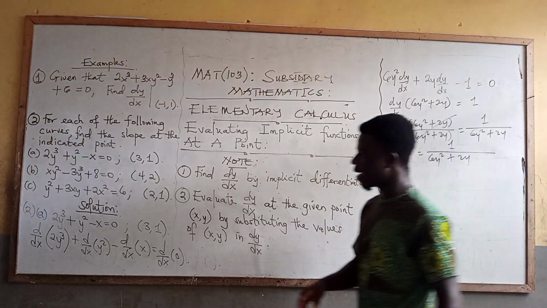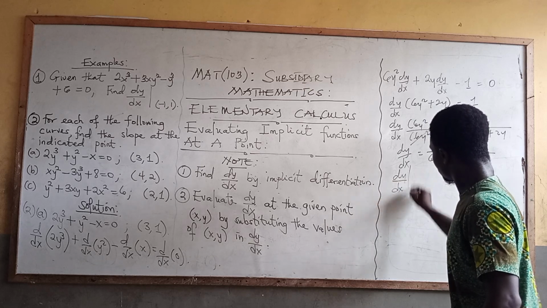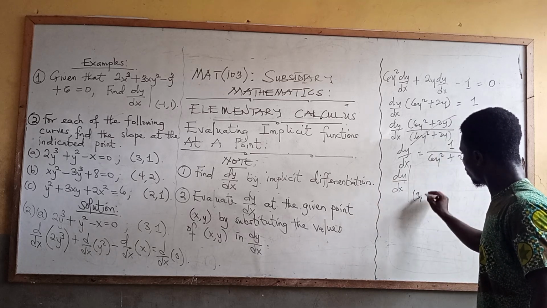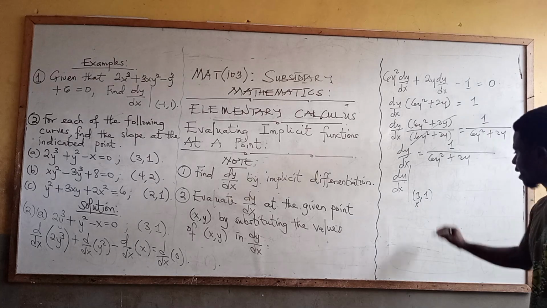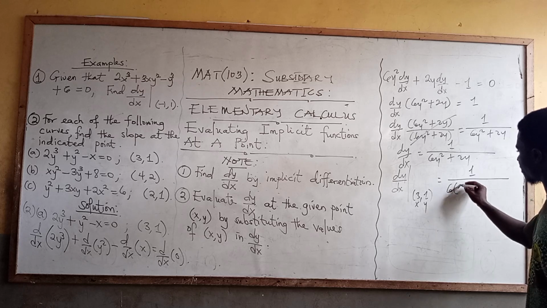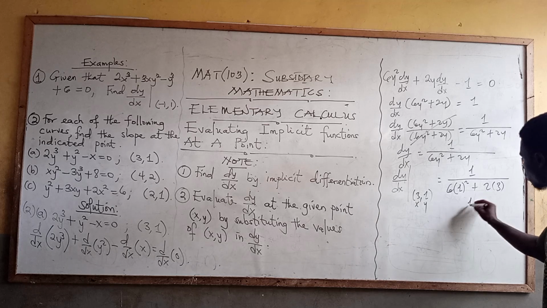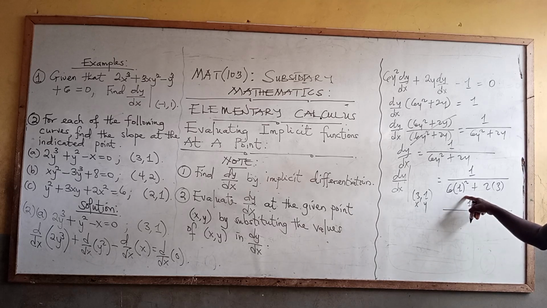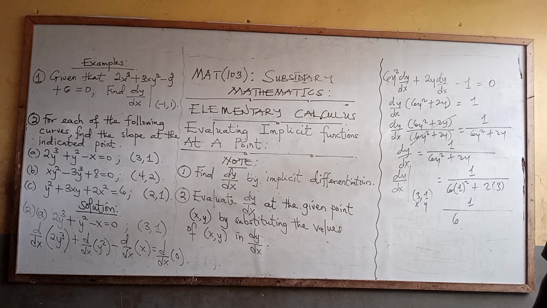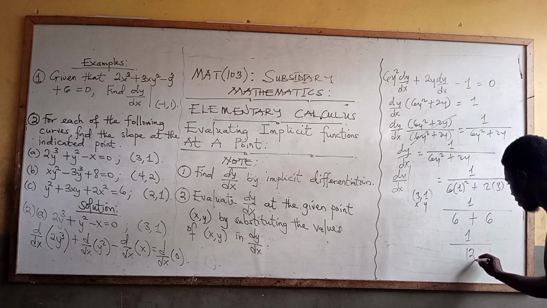Now you see that at the point (3, 1), x is 3 and y is 1. So I get 1 over 6 times 1 squared plus 2 times 3. 6 times 1 squared gives 6, plus 2 times 3 gives 6, so we get 1 over 6 plus 6, which is 12.